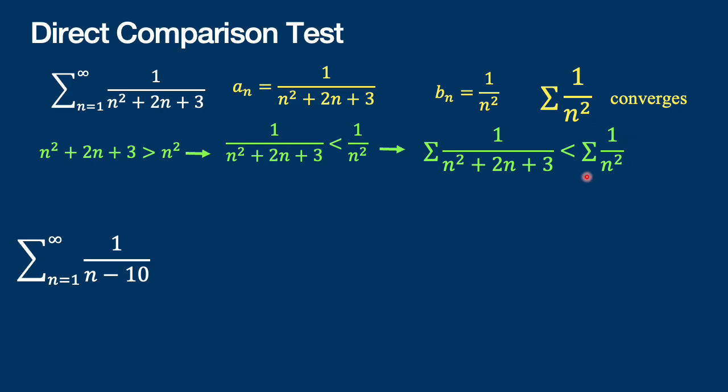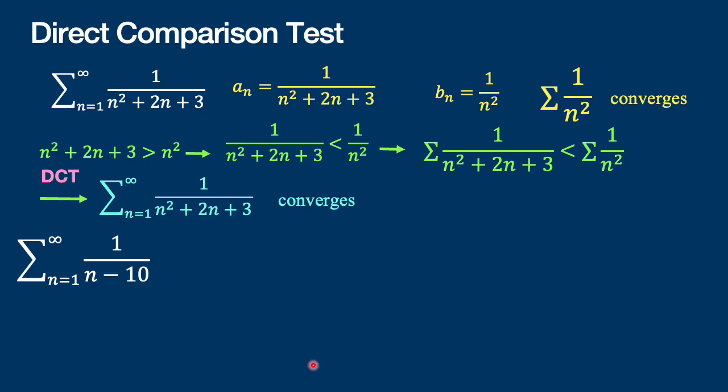This is adding all the terms 1 over n squared. This is a p-series, the p value is 2, which is greater than 1. The right side converges, which means the direct comparison test says the left side also converges. That's the direct comparison test.